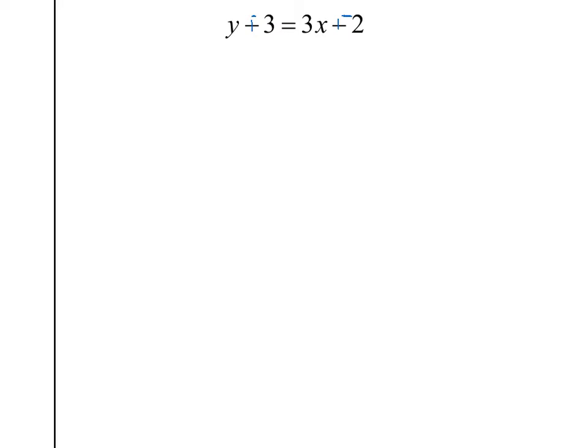Add a positive 3 to both sides. So let's see if that works. Gives me y equals 3x plus 1. Ariel, did that get me closer to getting y alone? Yes. In fact, not only did it get me closer, it got me all the way there.